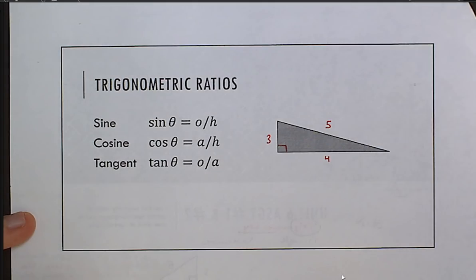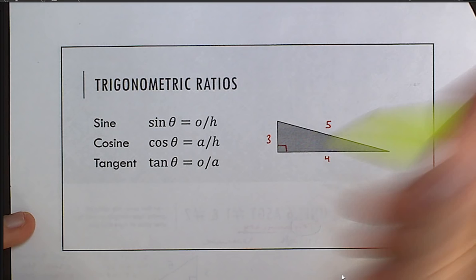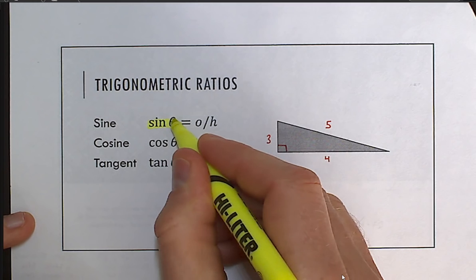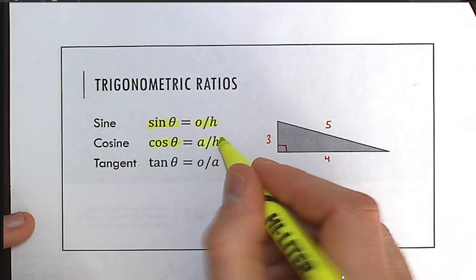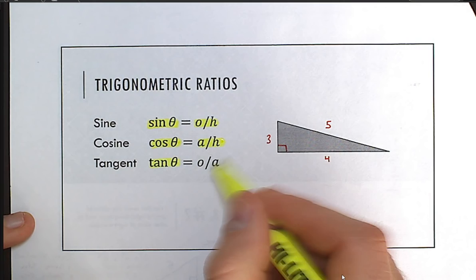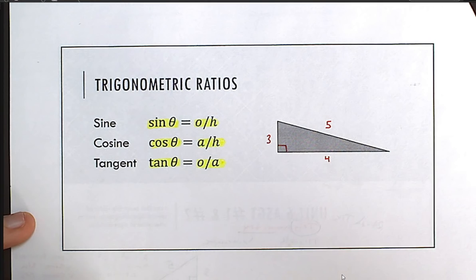The ratios themselves are right here. Sine is opposite over hypotenuse. Cosine is adjacent over hypotenuse, and tangent is opposite over adjacent. A couple things to clarify here. I'm going to try to give you as much review as I can without going too crazy.